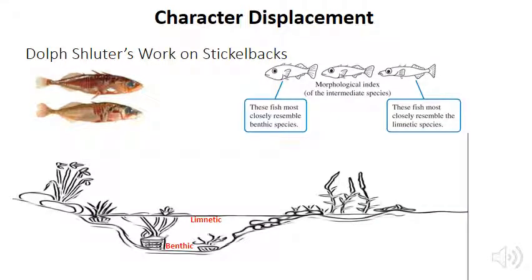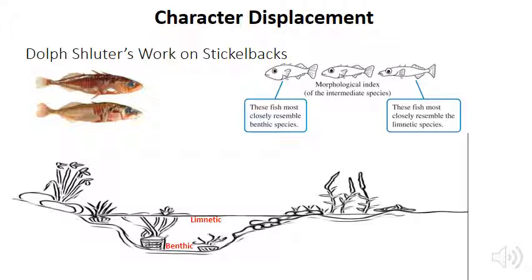One experiment that actually met all of those criteria was some really famous work done by Dolph Schluter on sticklebacks. Sticklebacks are small fish of which there are many co-occurring species, and they range morphologically based on the way that they use resources.